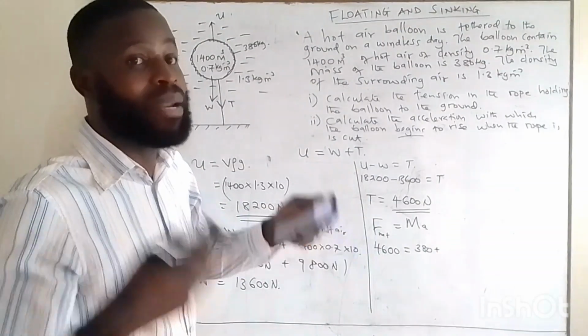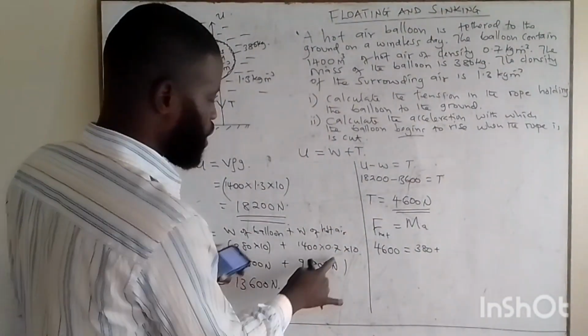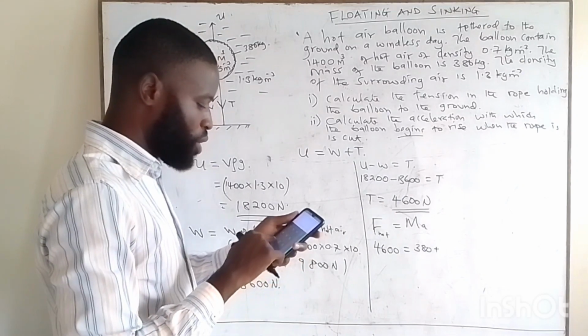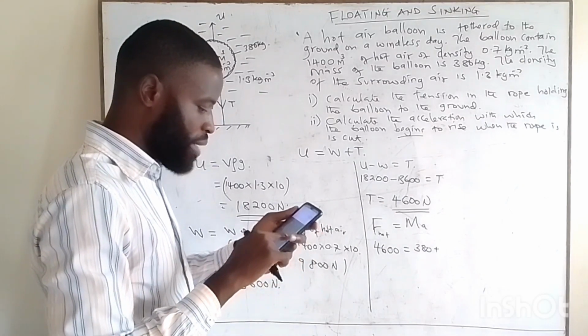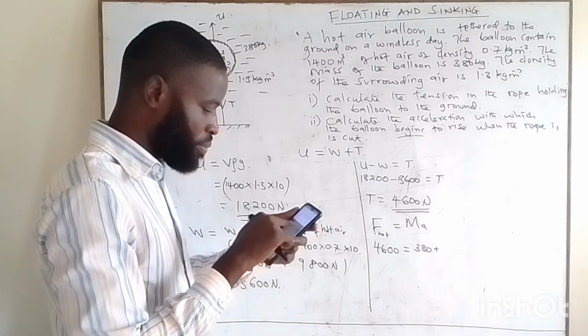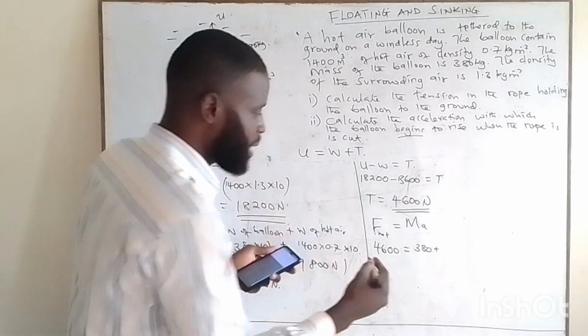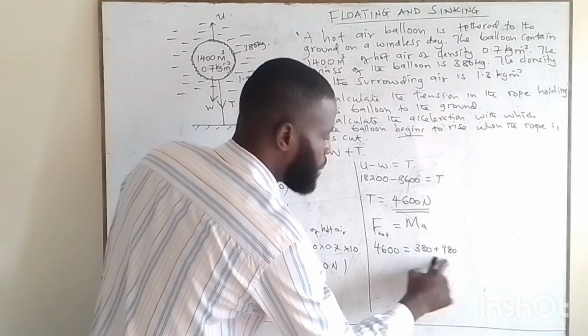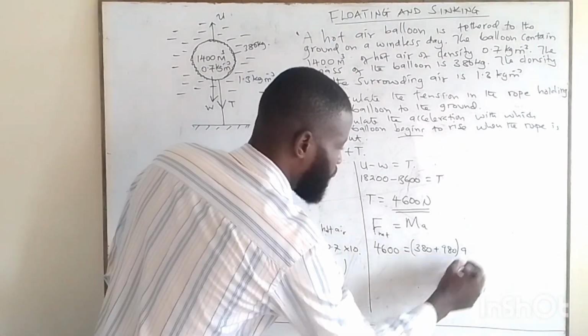The hot air also had mass, so we can calculate the mass of the hot air, which is simply 1400 times 0.7, we get 980. All these are in kilograms, then bracket A.